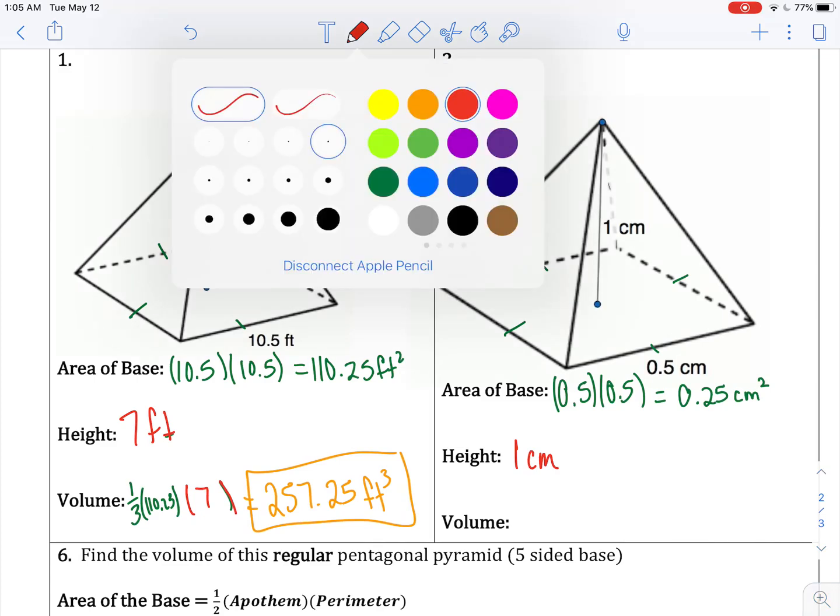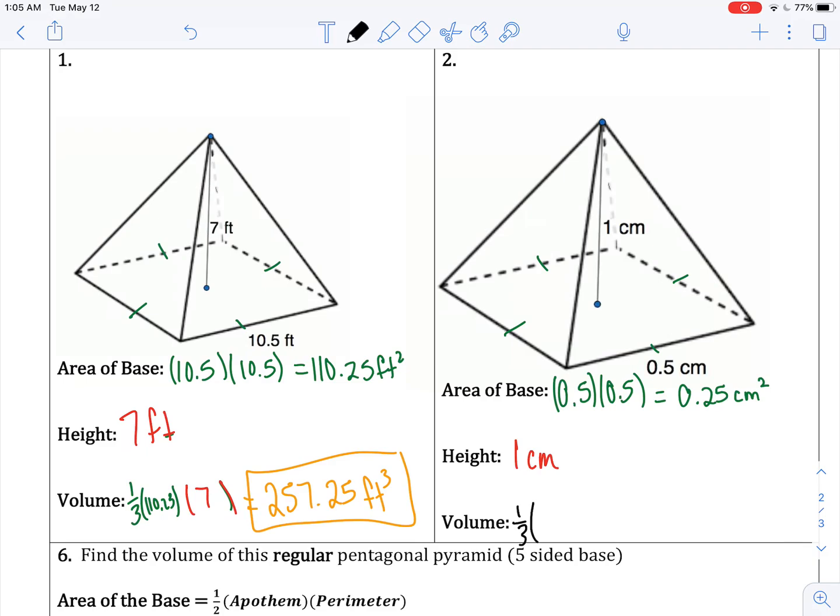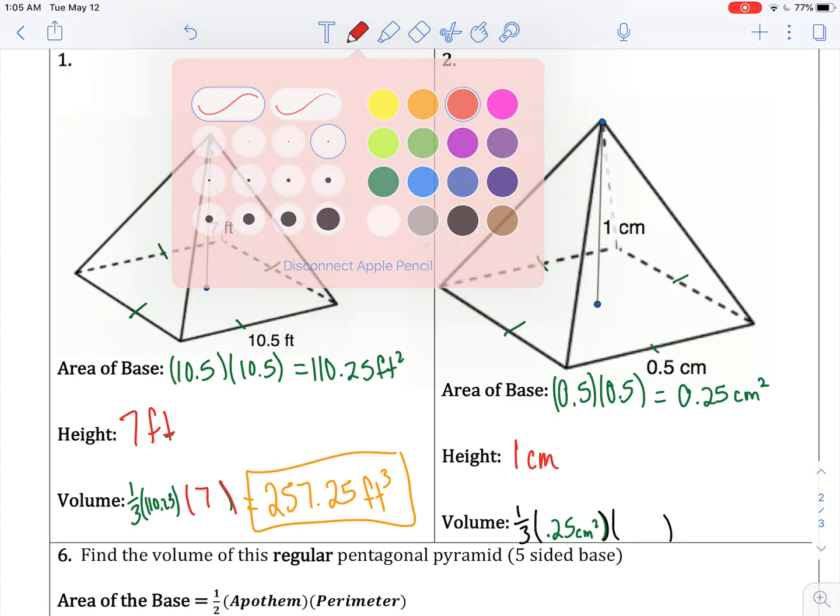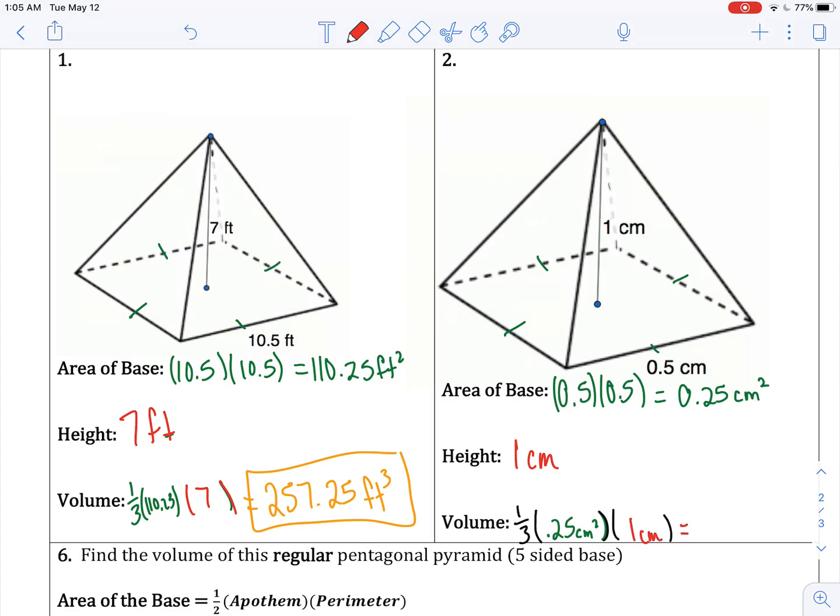So the volume is going to be 1/3 area of the base, which is 0.25, times the height, which is just 1. So we'll take 0.25 times 1 divided by 3, which is 0.083 repeating. And I'm going to have you guys round to the hundredth most of the time. Cubic centimeters.